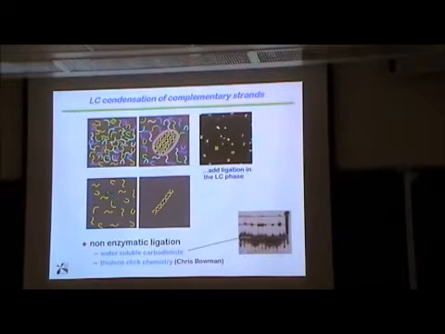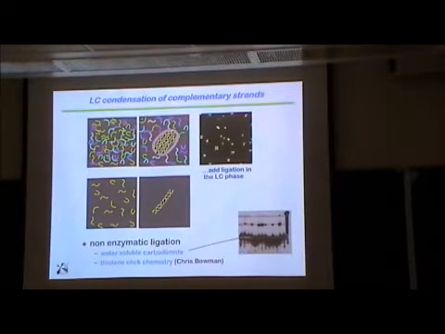So now we have this chemistry. We go back to this situation, and then ask what happens if we ligate. If we ligate, then we are either ligating in the isotropic phase or in the nematic phase.